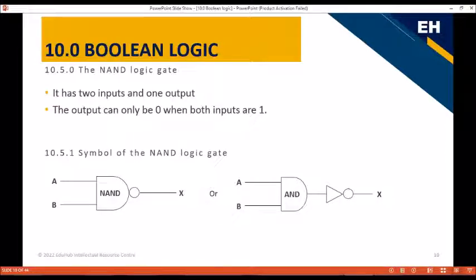The output can only be 0 when both inputs are 1. So it's more like a reverse of the output for the AND gate. Taking you back to what you've learned about the AND gate.